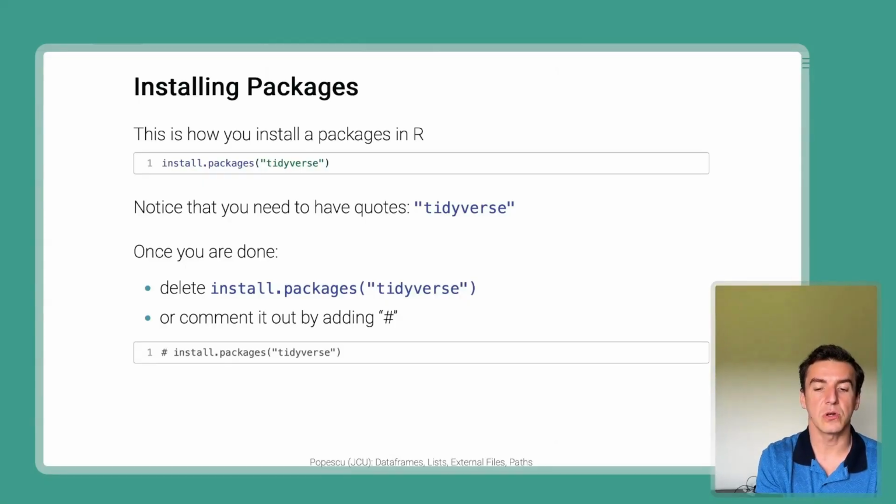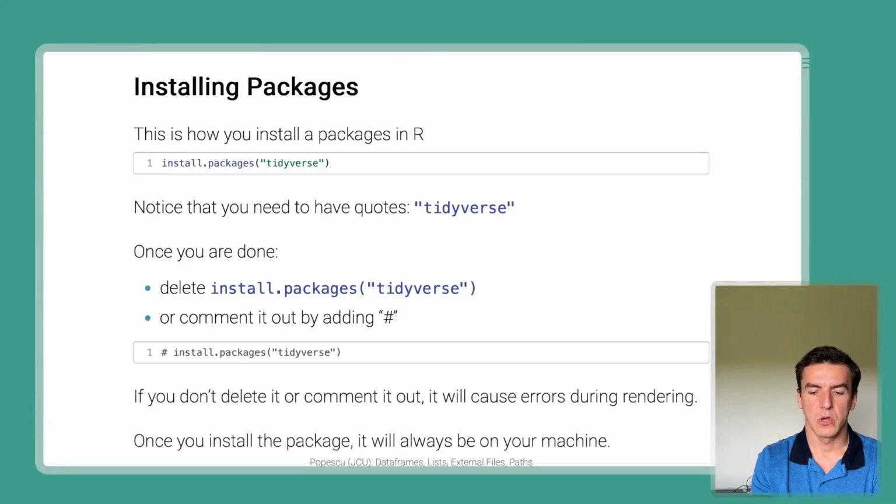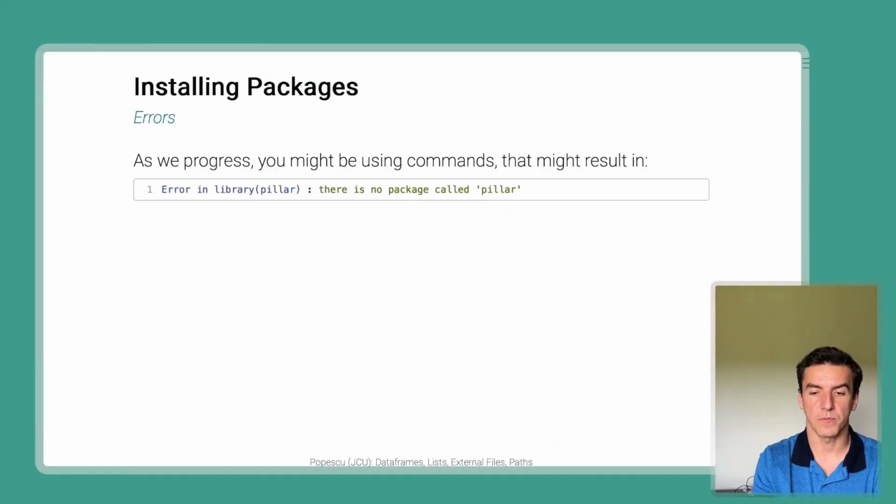So make sure you either delete what you just installed, because this is going to be installed on your machine forever, or add a hashtag in front of it. This is going to comment out the code. Once you have the package, it will always be there, so you don't need to install it anymore.